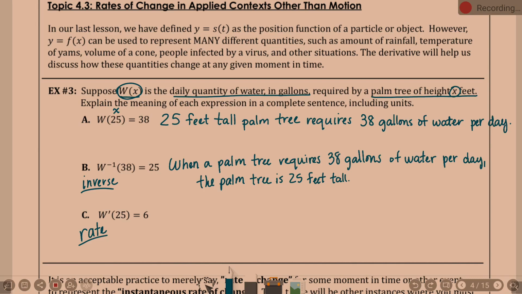That's the rate of change of that tangent line. So here, because they're asking for a derivative, they want the rate. 25 is my input, 6 is the output. So the 25 still means x here, so still means a 25-foot tall palm tree.